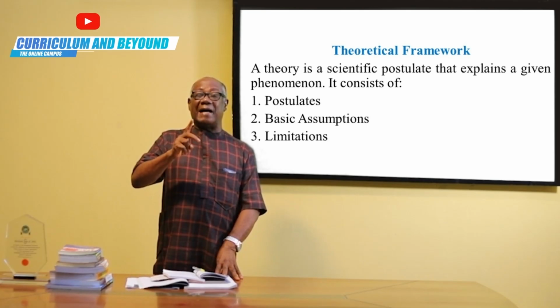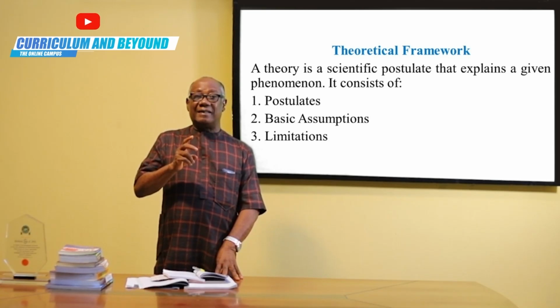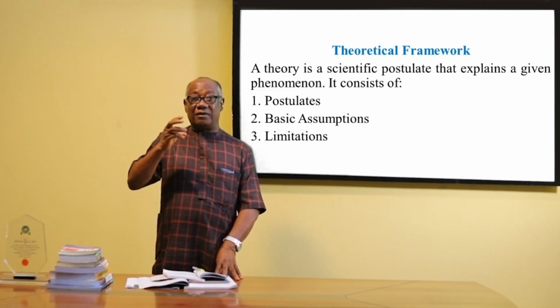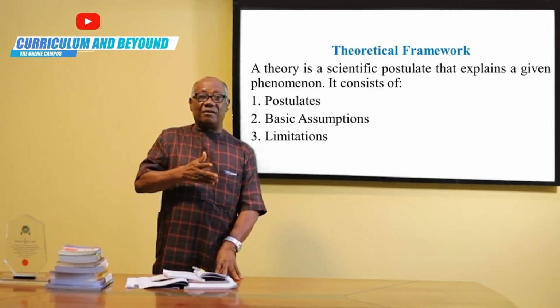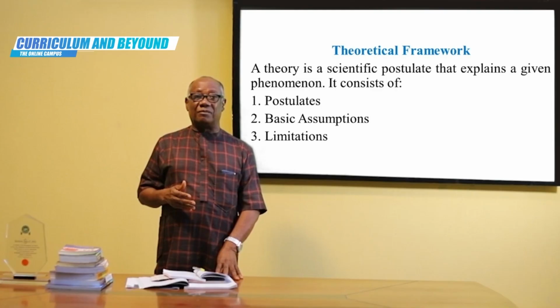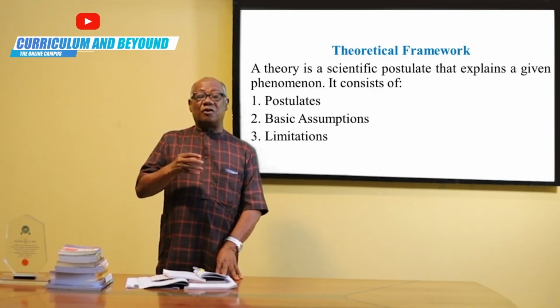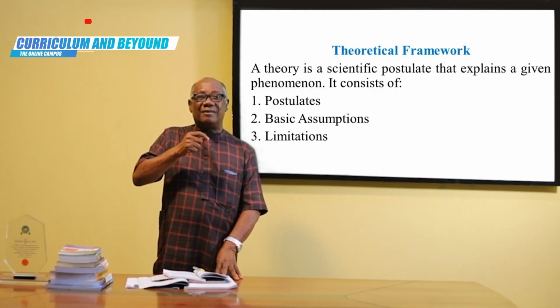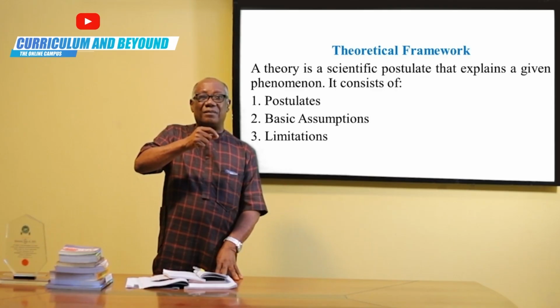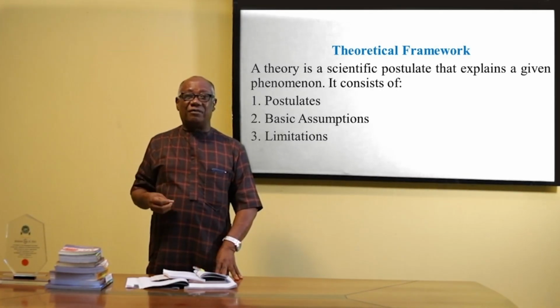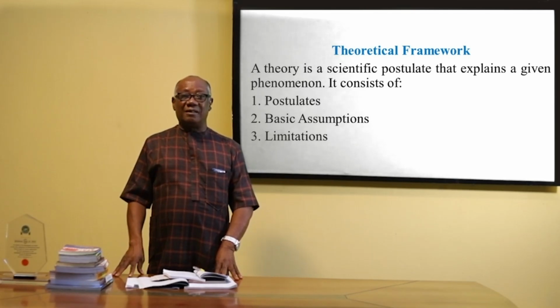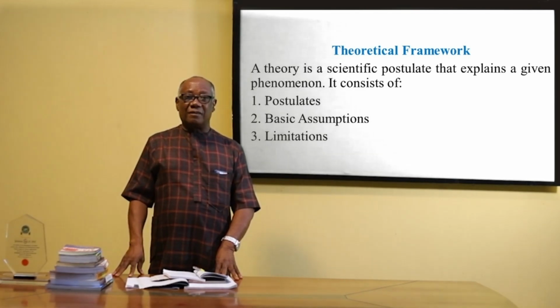Maybe you have hypothesized that sex, age, and location are variables that will affect the relationship between your independent variable and your dependent variable. Now, in literature, you go and look at how your variables interact with your independent variable to affect the dependent variable.